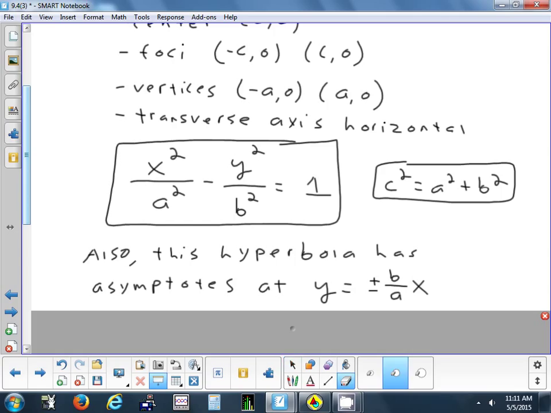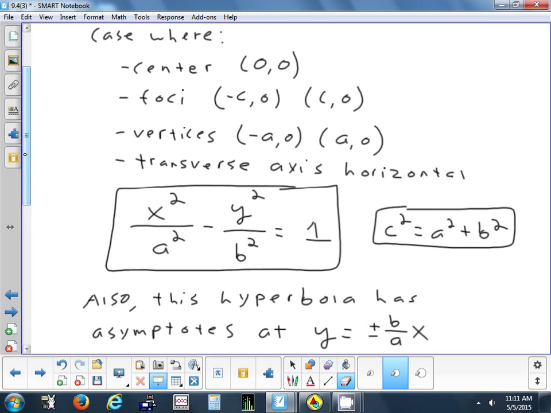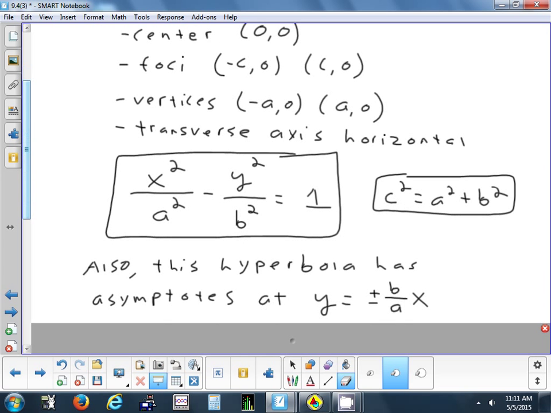And the asymptotes are at y equals plus or minus b over a x. So your asymptotes always go right through the center. Well, in this case, my center is the origin. That's why there's no y-intercept on this. It's going to go right through the origin. When we shift it, it doesn't go through the origin anymore. We'll have to adjust this.